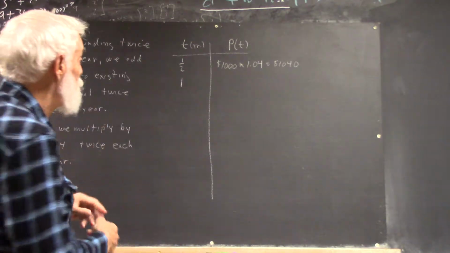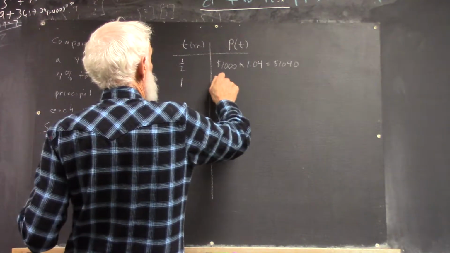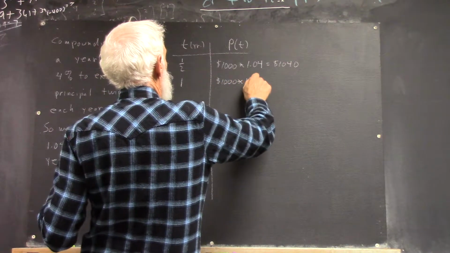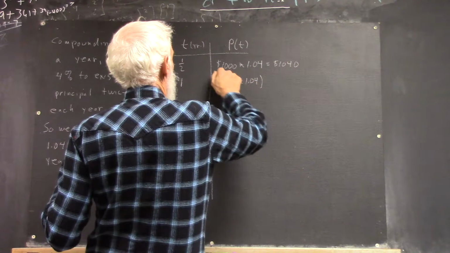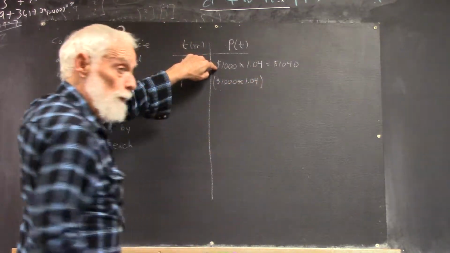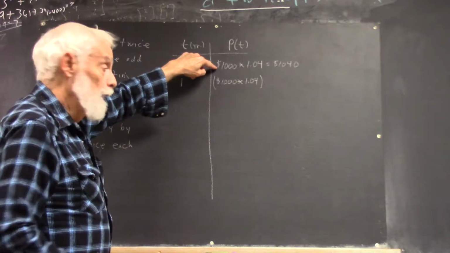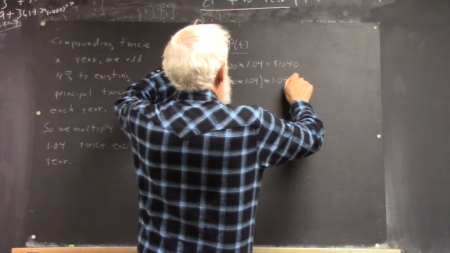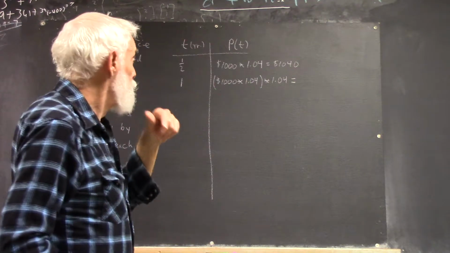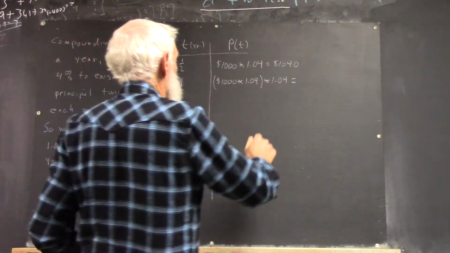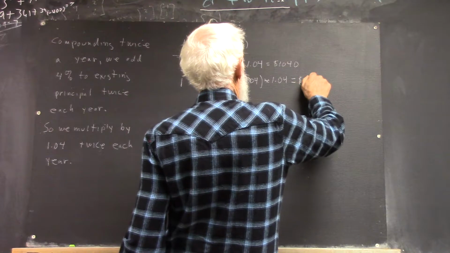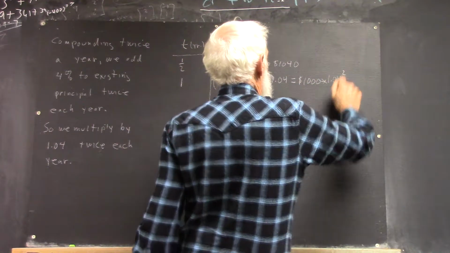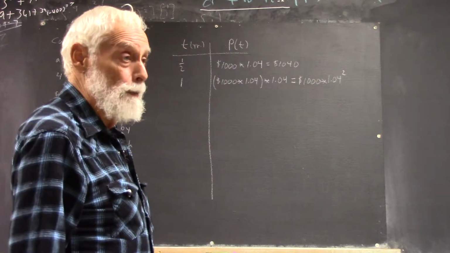I get to multiply my principal from the first half year by 1.04. Okay? And of course, that's $1,000 times 1.04 squared.